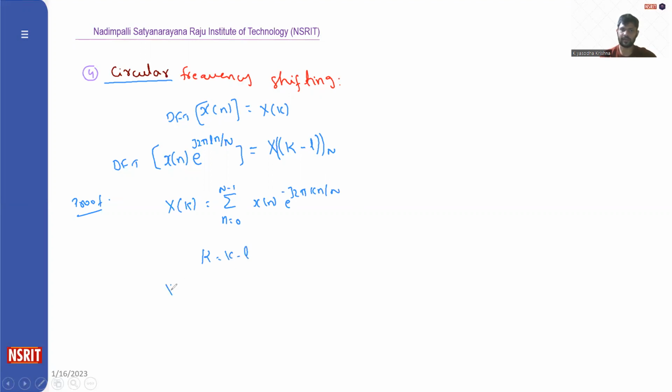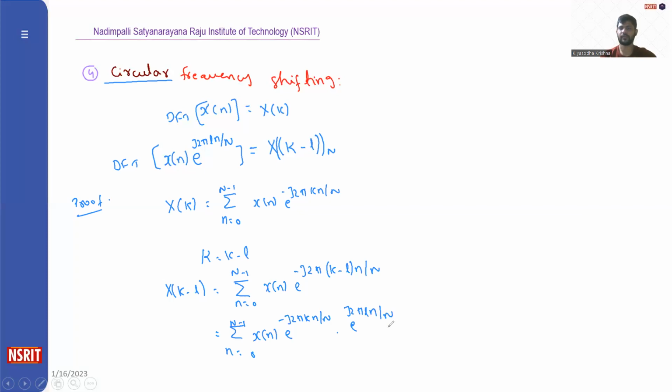Then X of k minus l is the summation n equal to 0 to N minus 1 of x of n e to the power of minus j 2 pi (k minus l) n by N. Now segregate this term: summation of x of n e to the power of minus j 2 pi k n by N into e to the power of j 2 pi l n by N. And already we know what this term is; this is nothing but X of k into e to the power of j 2 pi l n by N.